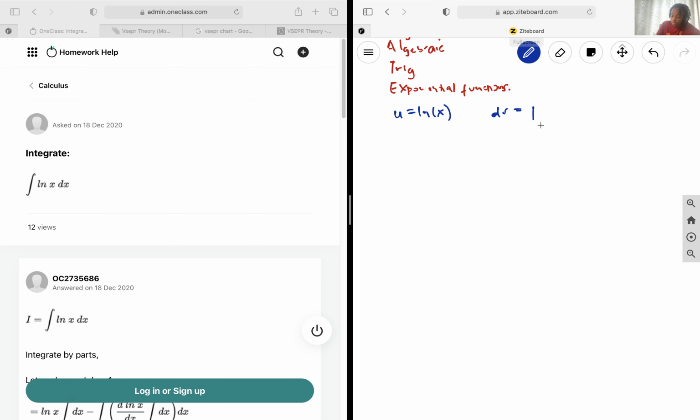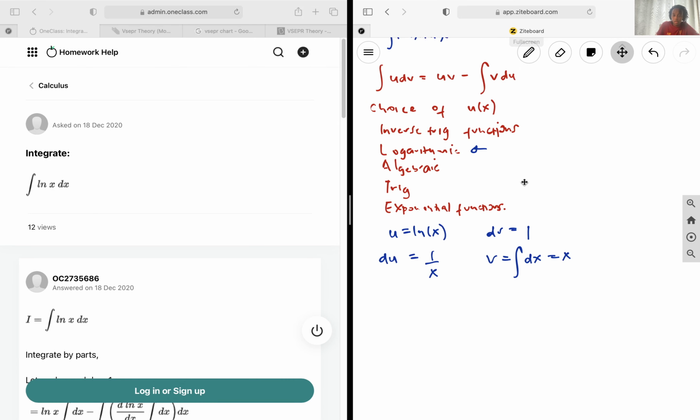And so because of this, v is going to be the integral of 1 dx, and that is just going to be x, and du is going to be the derivative of ln x over dx, and so that's going to give us 1 over x.